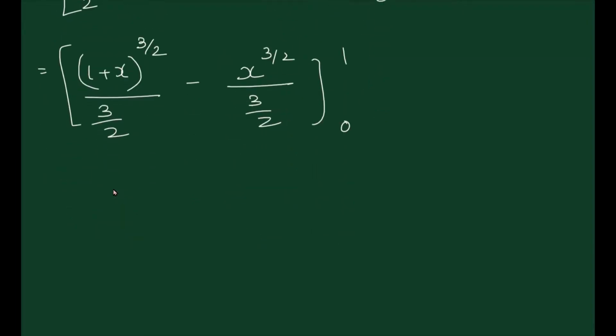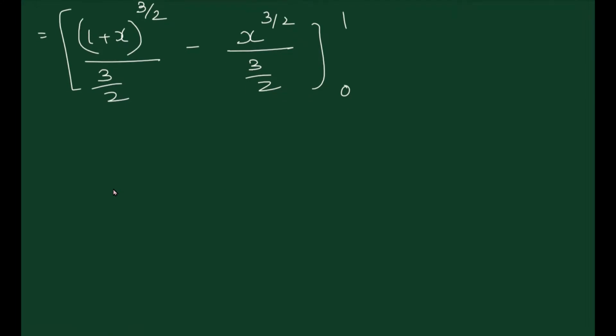Bringing the 3 by 2 from the denominator to the numerator, it becomes the reciprocal, 2 upon 3, which is common to both terms. So we write it outside the bracket. Now we put in the limits of integration: upper limit minus lower limit, and 0 raised to anything is 0.